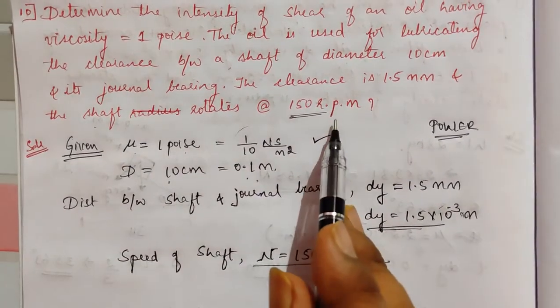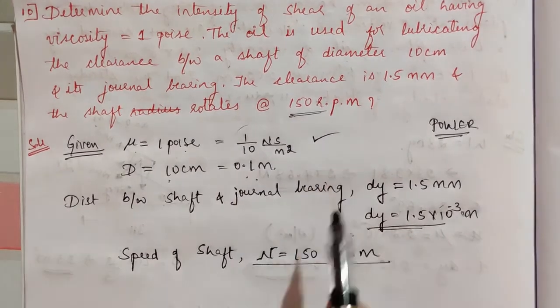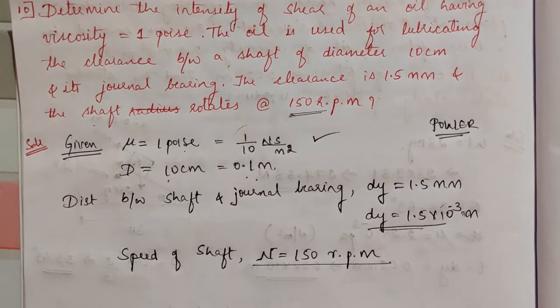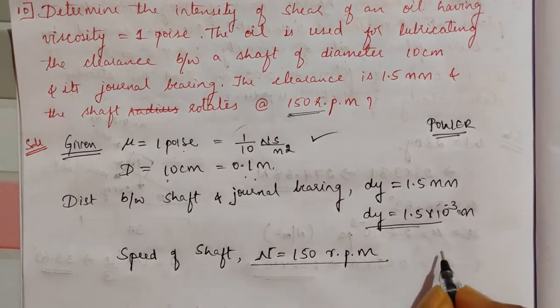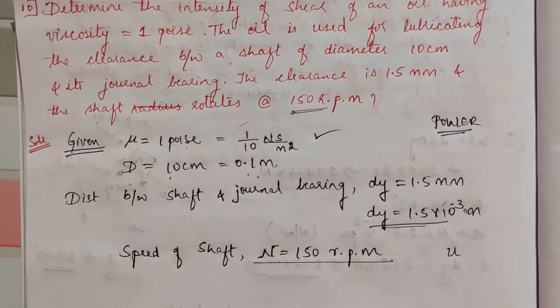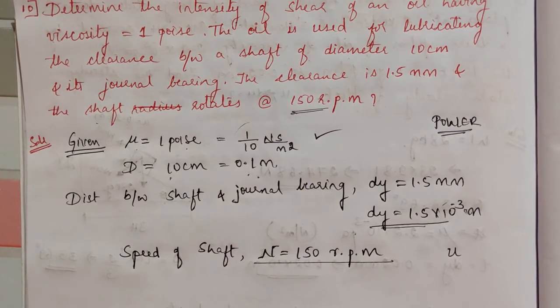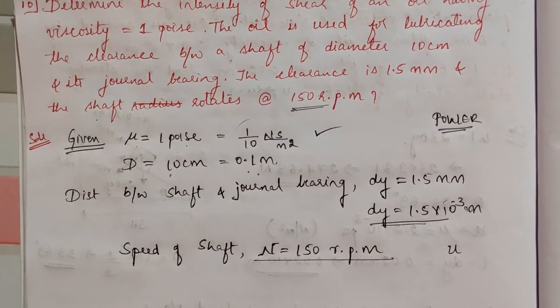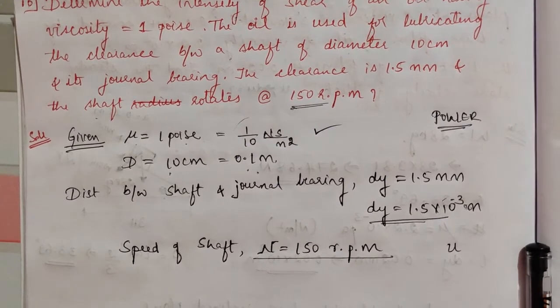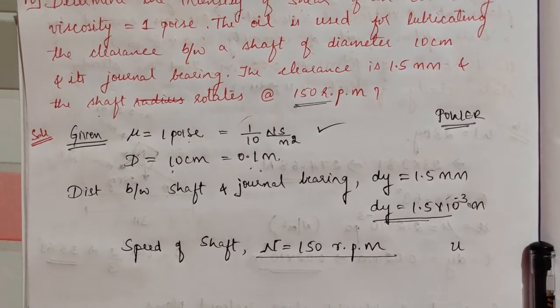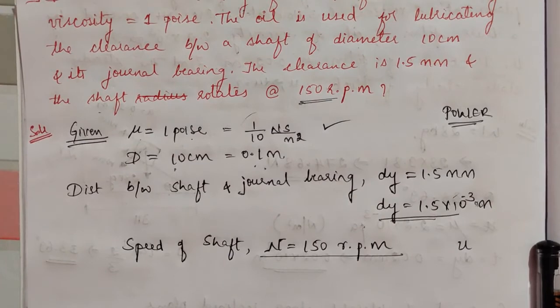So rotations per minute is taken as rpm. We have a formula to calculate velocity u whenever rpm is given with diameter. So what is that formula? Please remember that.